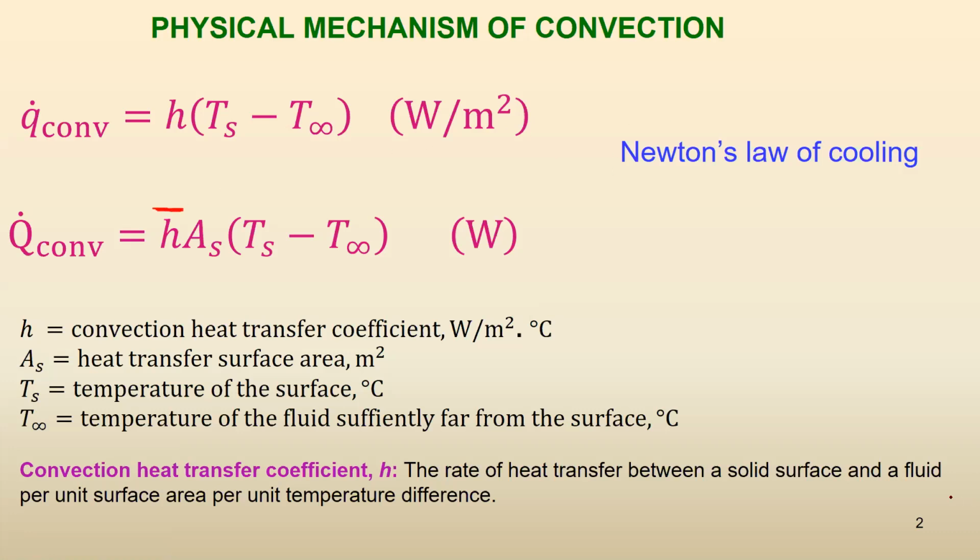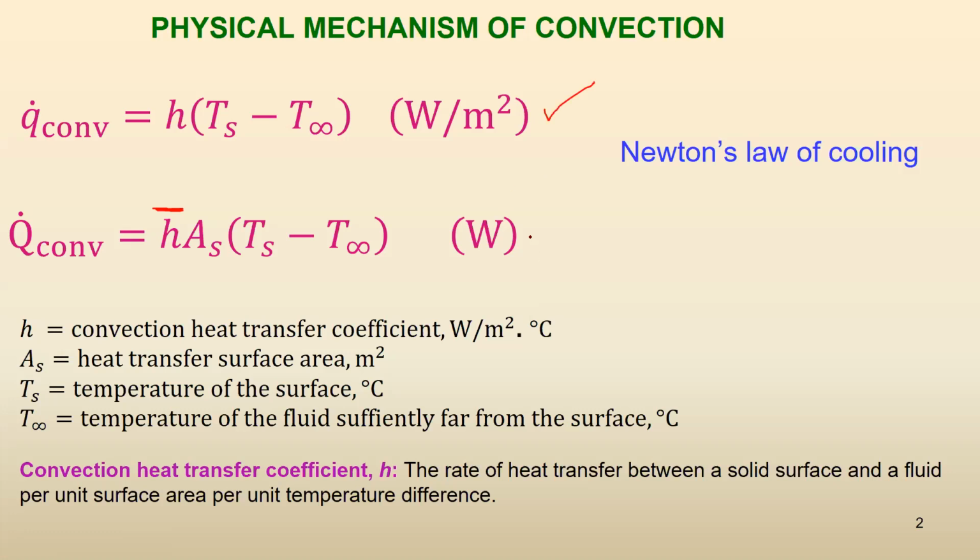We have two forms of Newton's law of cooling. This form gives you the convection transfer rate at a certain location, at a certain point. So this is a local value of convection transfer rate, the first equation.